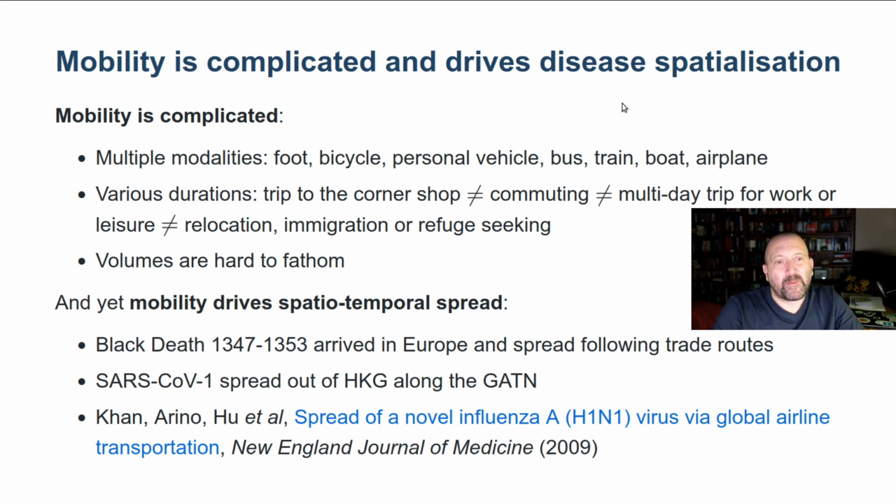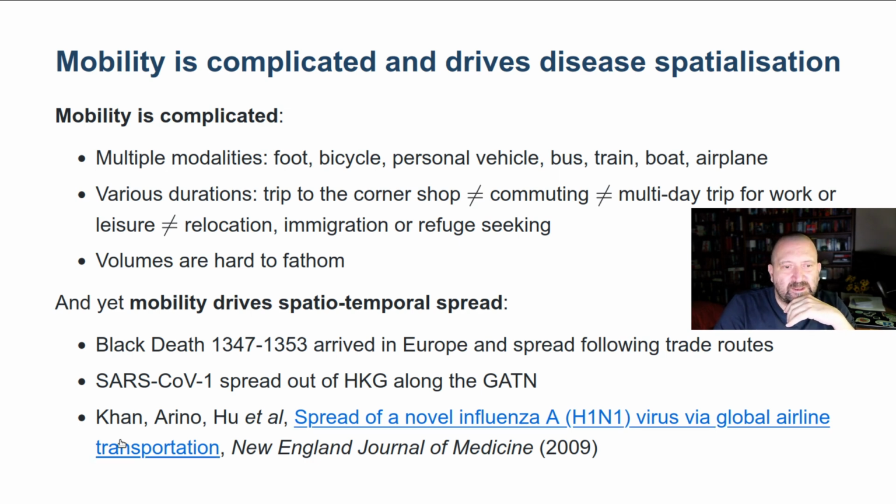I will show you some examples with the Black Death, for instance, but we also know that SARS-CoV-1's global spread out of Hong Kong took place, for the immense majority of propagation events, through the global air transportation network.